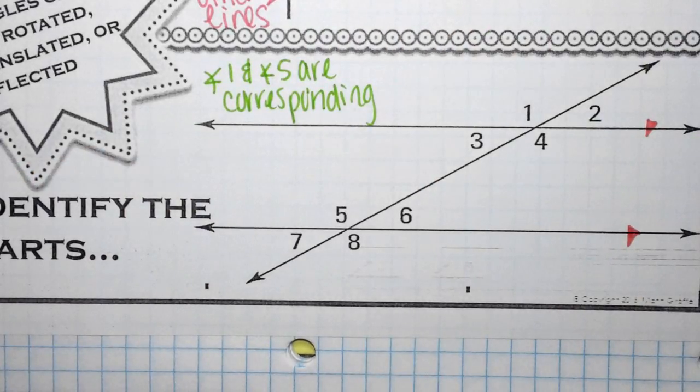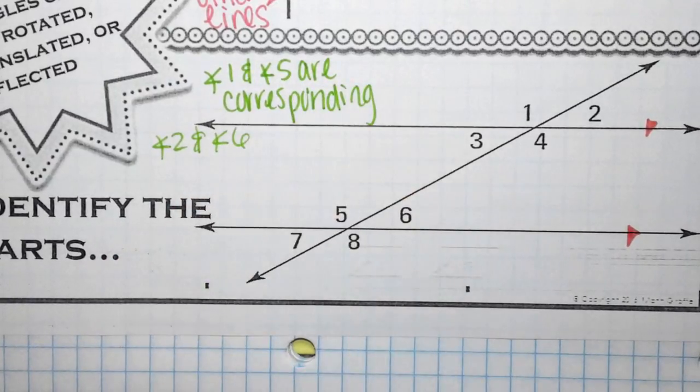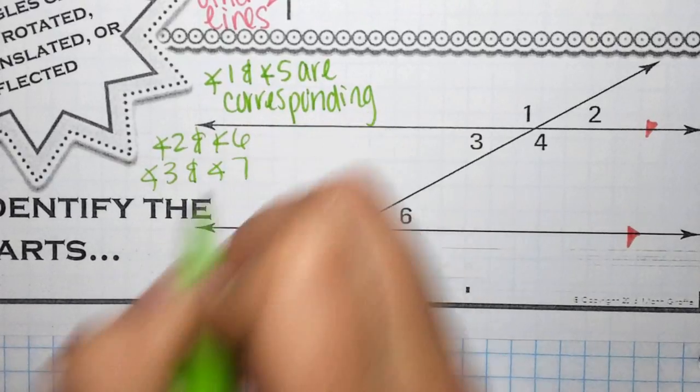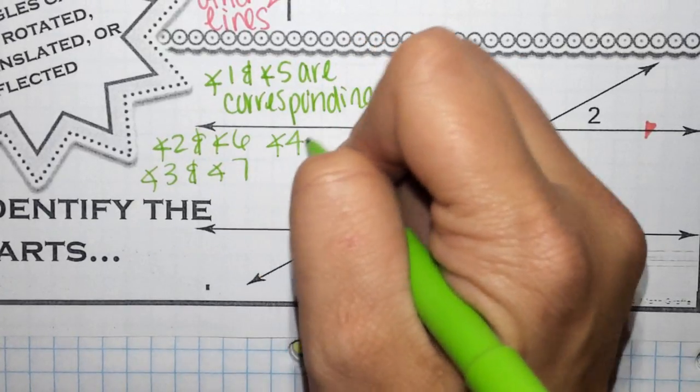What are another 2? Angle 2 and angle 6, good. What's another pair? 3 and 7, yes. What's another one? 4 and 8, yes, great job, y'all.